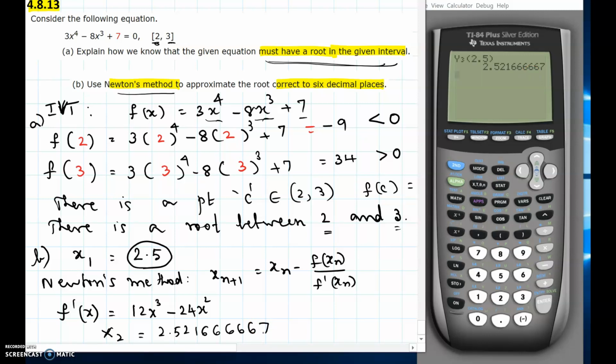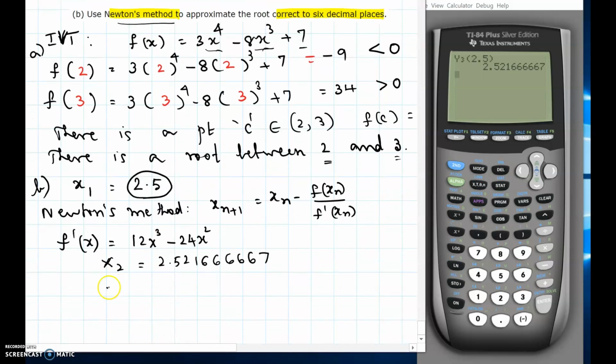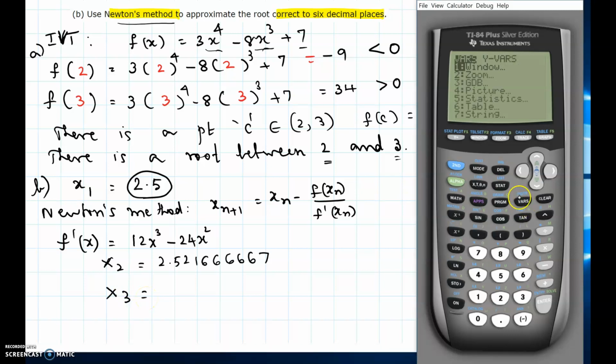Then you take y3 and plug in the previous answer to get x3, which will be our next approximation. So hit VARS, Y-VARS, then 1 for function. In that function, we don't need y1, we need y3, so hit 3. Then you plug in the previous answer, which is x2, the second approximation.